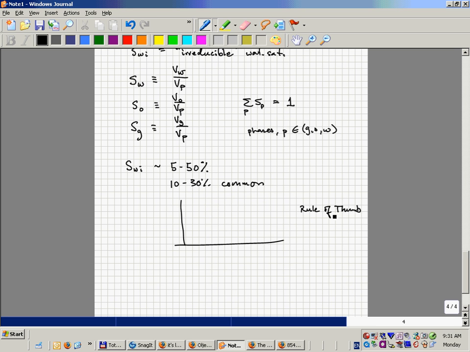for sandstones, for example, would be that SWI and permeability, which we've been talking about, 0.1, 1, 10, 100, 1,000, etc. Typically, it'll have this kind of trend in general.